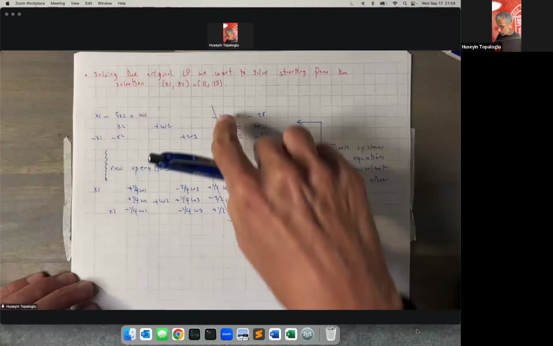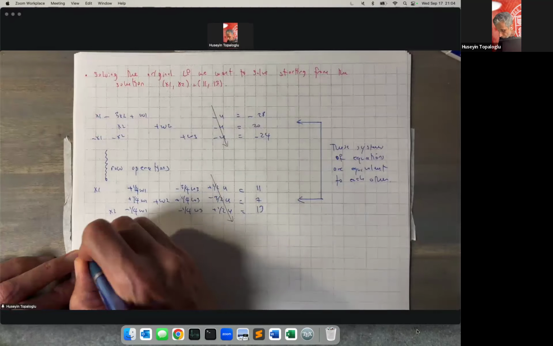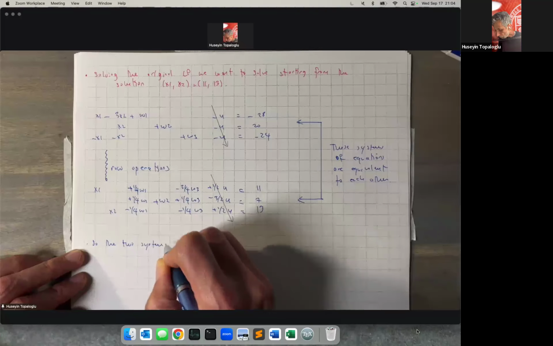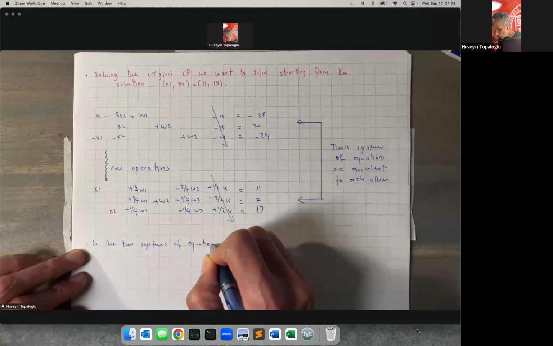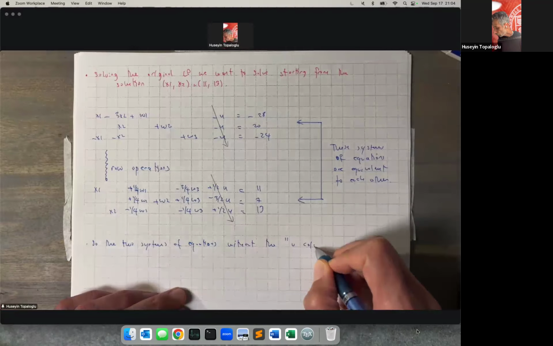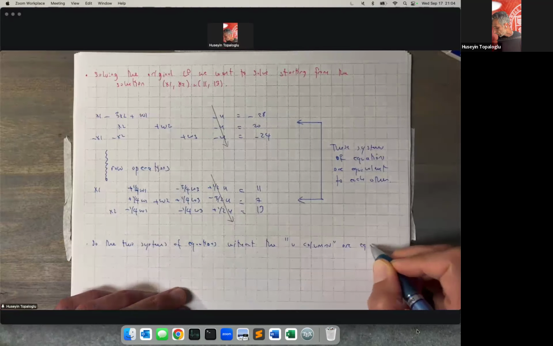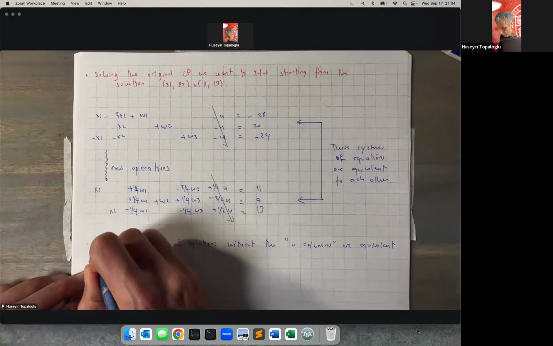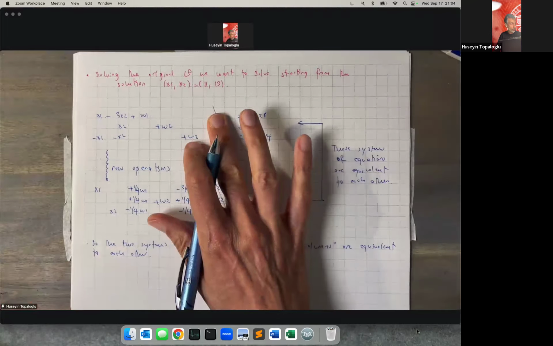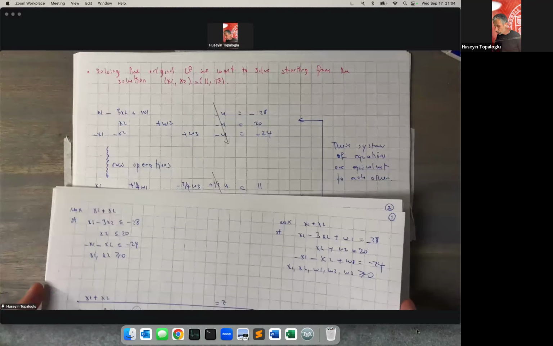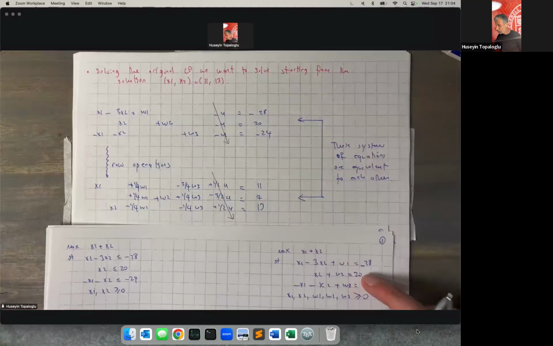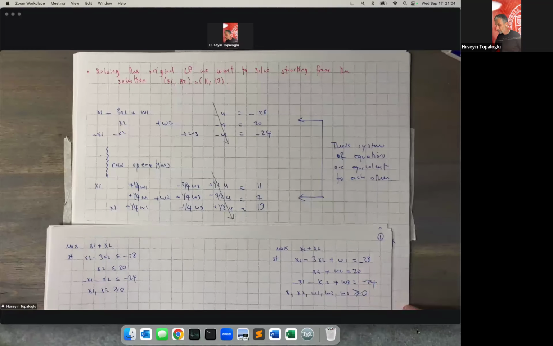So these two systems of linear equations without the u columns are equivalent to each other as well. The first system without the u column is equivalent to the constraints of the original linear program that I would like to solve.